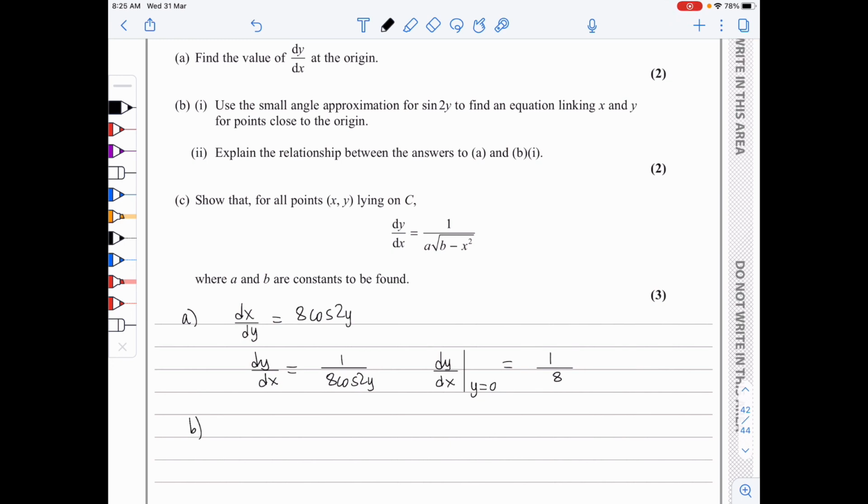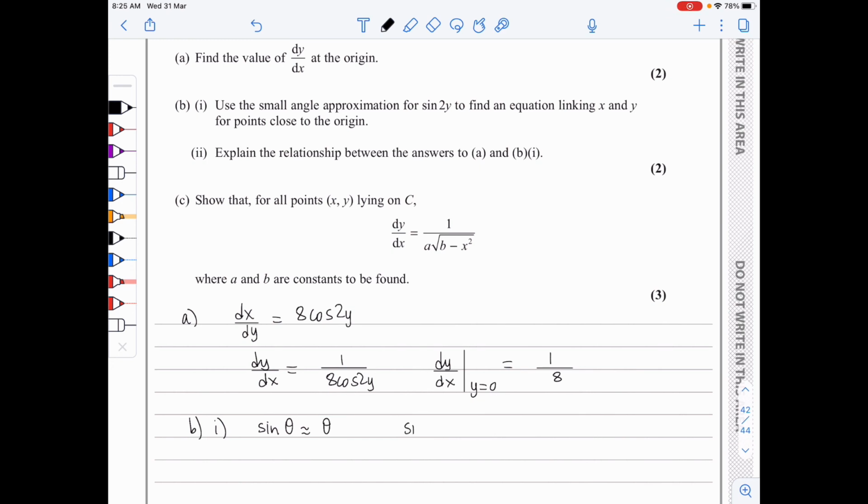So that's the value of dy dx at the origin. Then we need to use the small angle approximation for sine 2y to find an equation linking x and y for points close to the origin. We know it's actually given that sine of theta is approximately theta, provided theta is small and measured in radians.